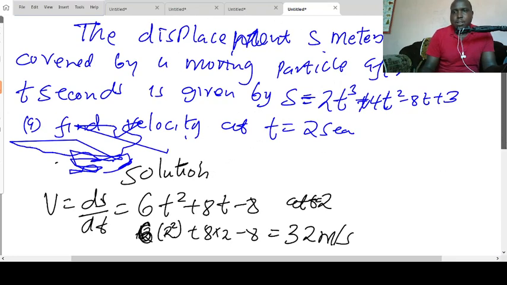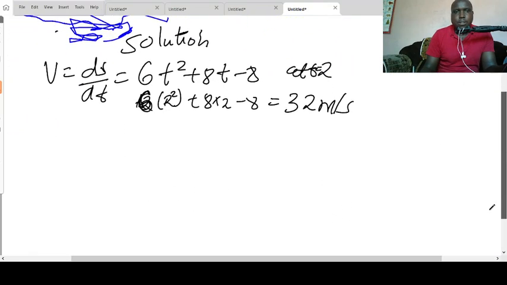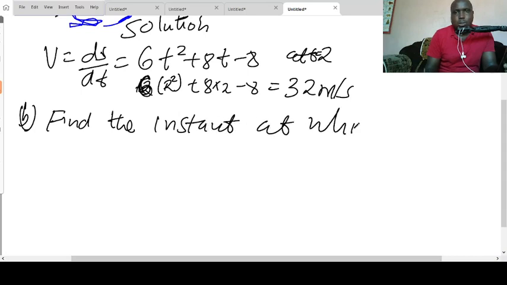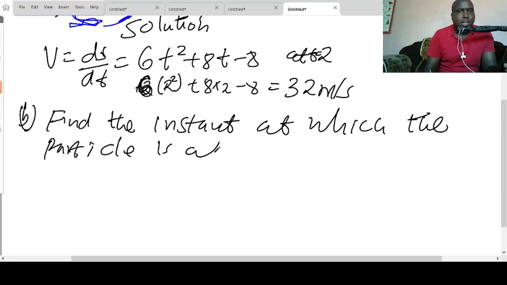Part B, find the instant at which the particle is at rest.